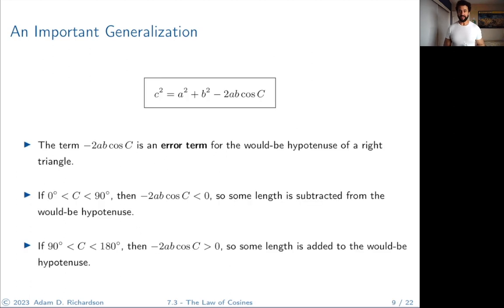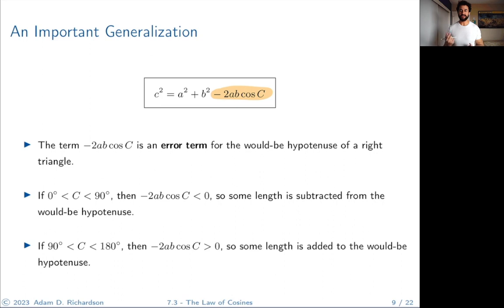So what's interesting here is this term, negative 2ab cosine c, this piece right here, this is basically an error term for the would-be hypotenuse of a right triangle. So if you had a right triangle, this term would be 0 and it wouldn't be there. But if you do not have a right triangle, then this term appears and it's going to have some value.